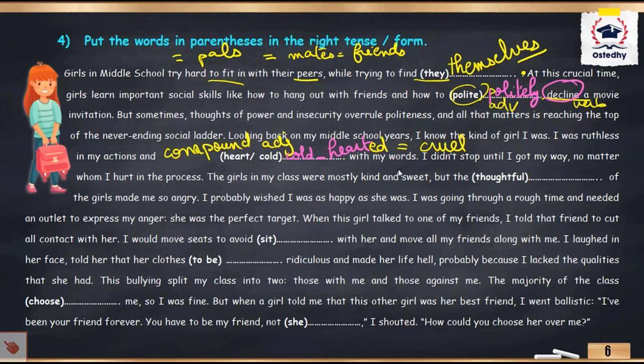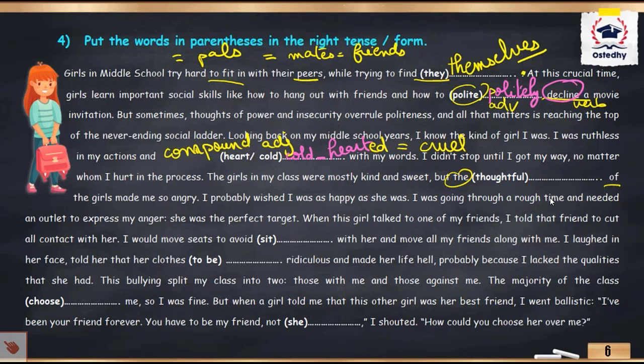The girls in my class were mostly kind and sweet, but the blank of the girls made me so angry. After the, what do you expect? The most superlative form. Yes, so here after the, I should normally need a superlative form or a noun.